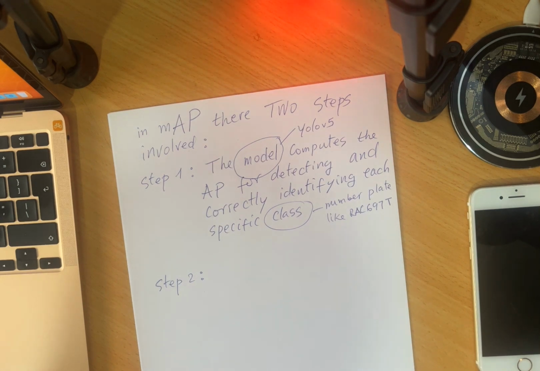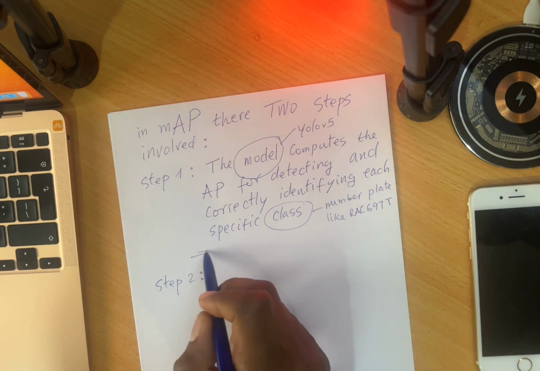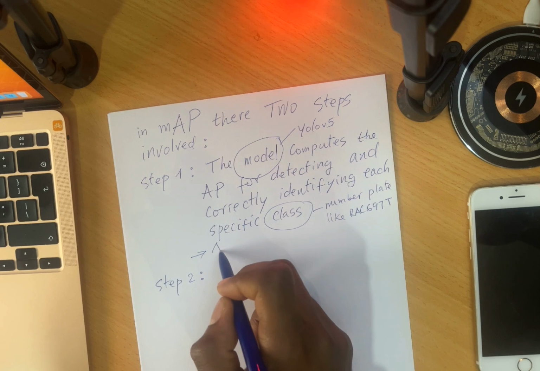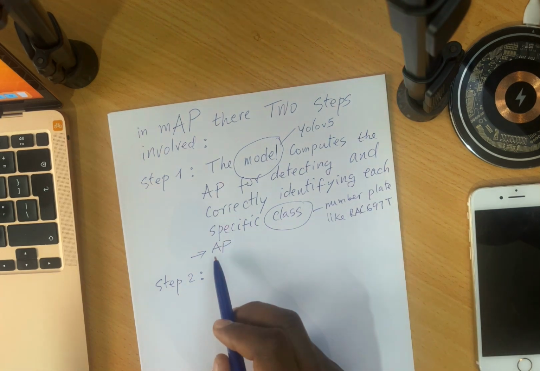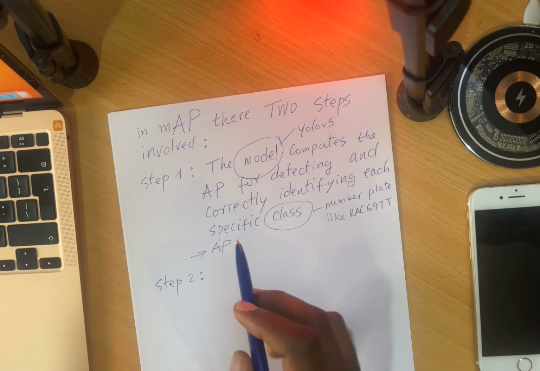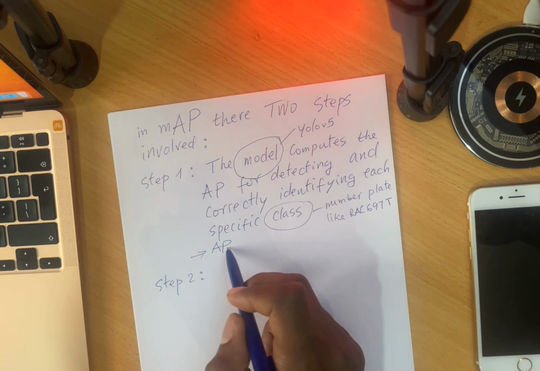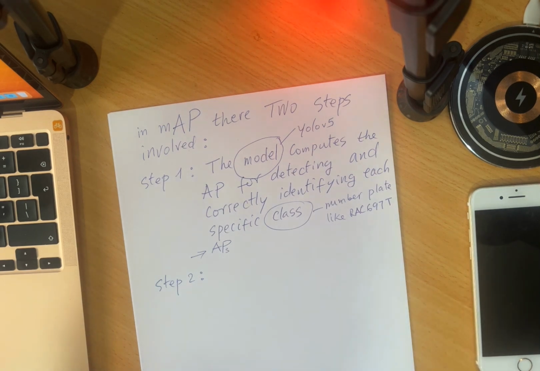So at the completion of step one, we have APs, meaning average precision, for different specific classes.